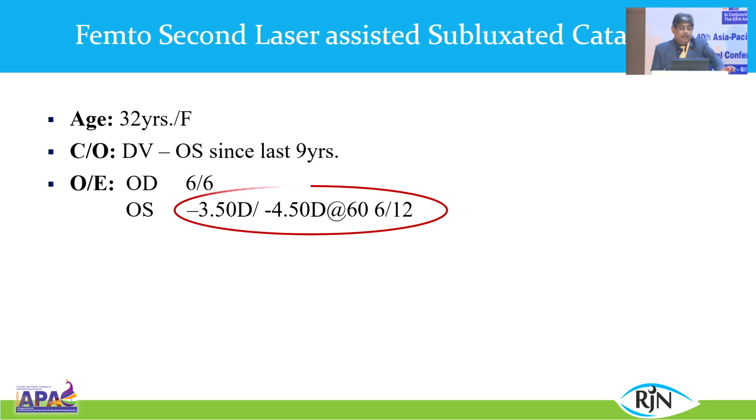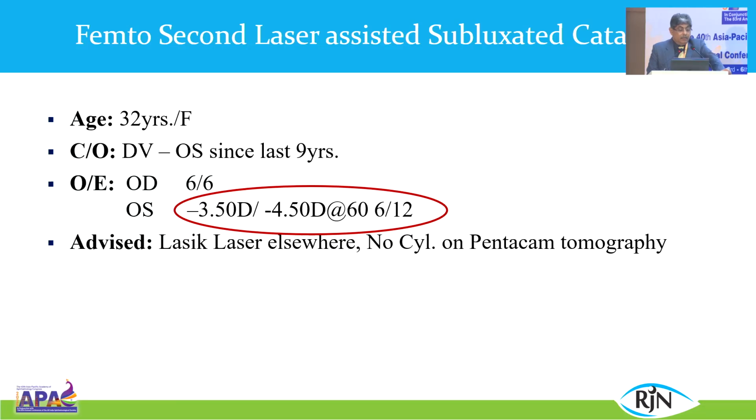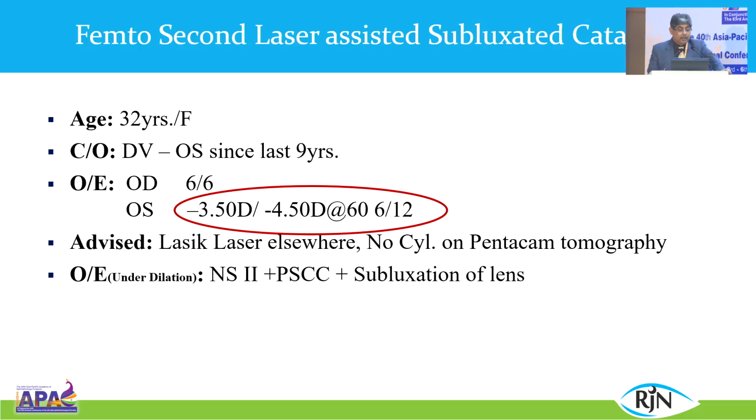Someone had advised her to go for a cornea-based refractive procedure. But on Pentacam topography, I found that there is no cylindrical power. Why did she have a cylinder? So we dilated the patient, and on dilatation we found that there is nuclear sclerosis and posterior subcapsular cataract.